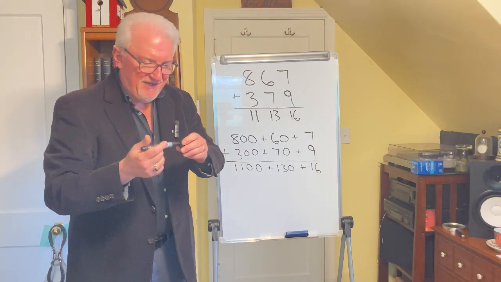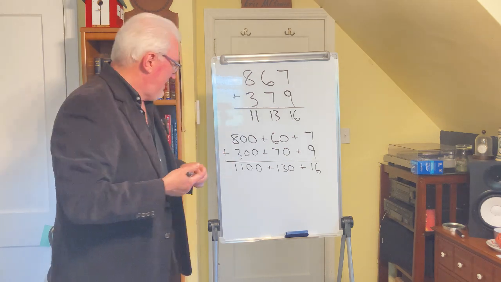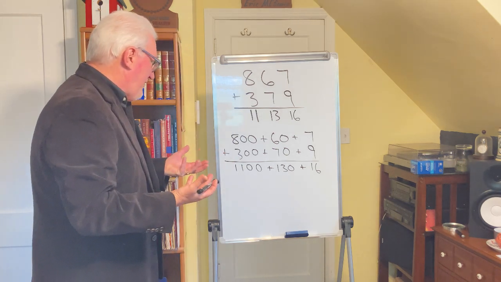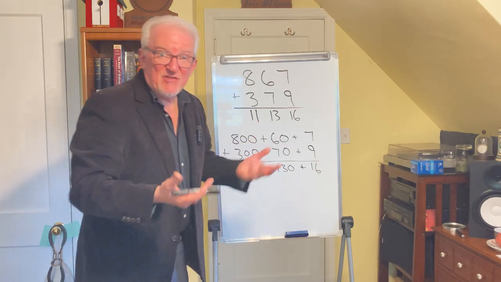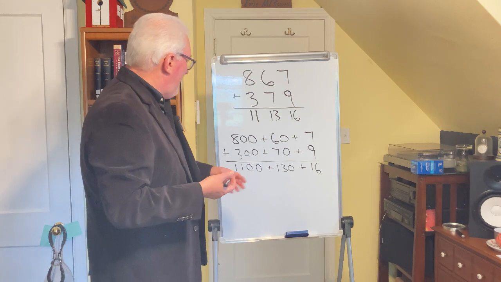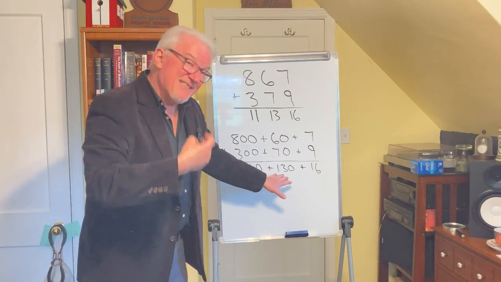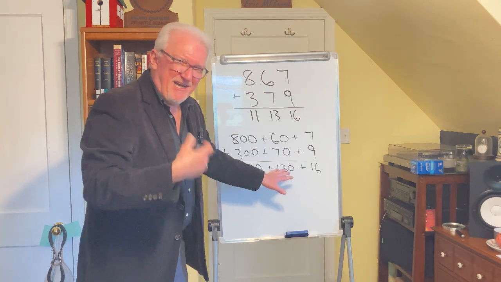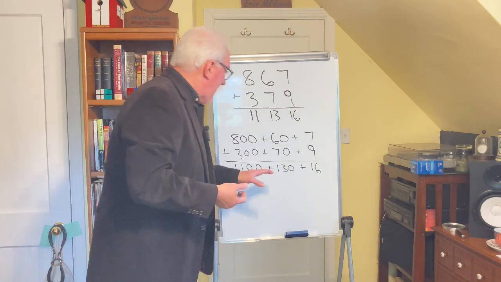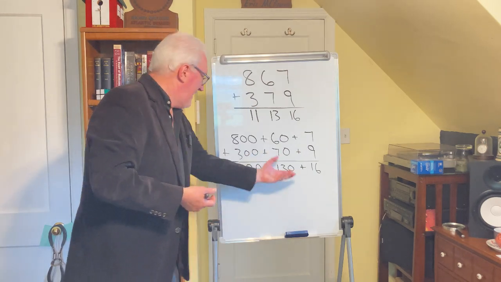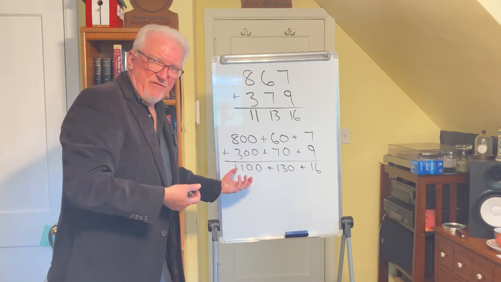Of course, society usually likes us to re-express this in another way. Usually in the tens column, we don't want to have a final number that is larger than 99, 100 or up. And so what we're going to do, let's take that 100 and add it to the 1100 over here.